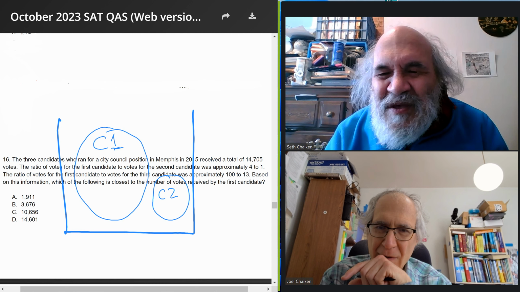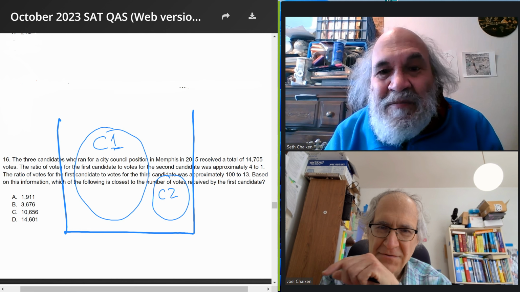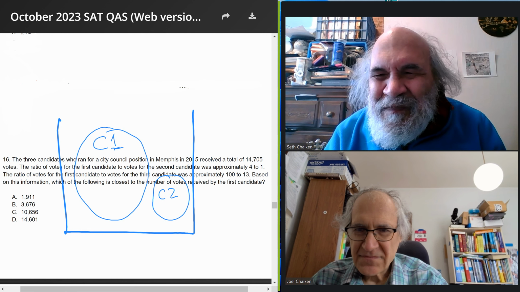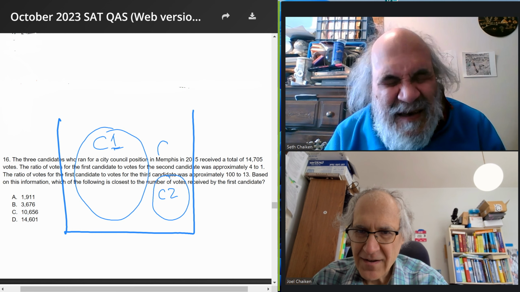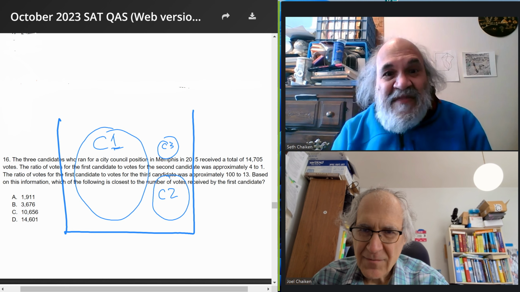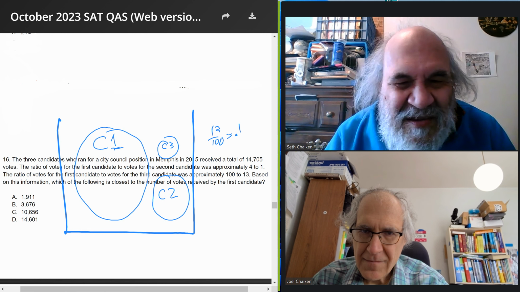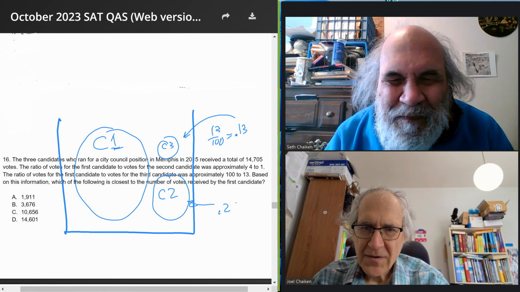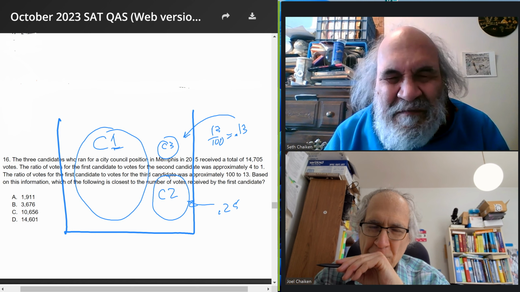So the third candidate is like a tiny little circle that represents about 1/10 of the area. A tenth, as opposed to a quarter. Not too small. The total of the 3 blobs is 14,000. Now look at the choices.